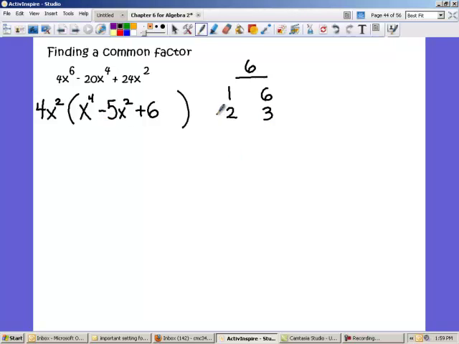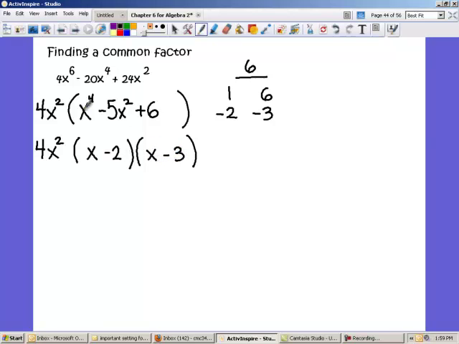So as long as I make them both negative, that still will multiply to give me a positive and add up to a negative. So this trinomial that we had now becomes 2 binomials with the 4x squared out in front. So now we just put the x minus 2 and x minus 3.